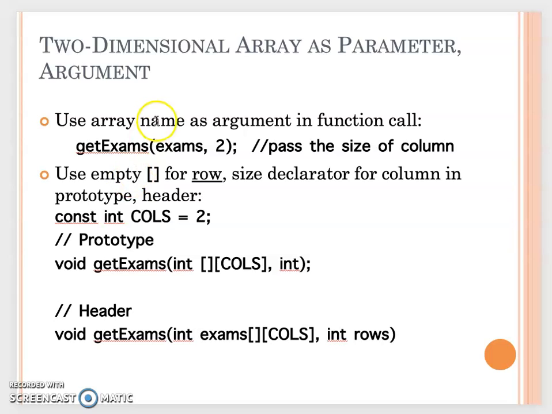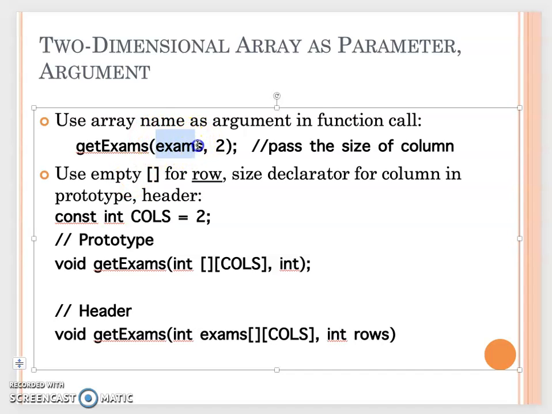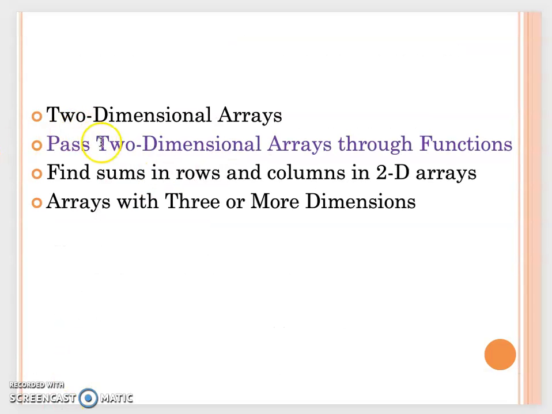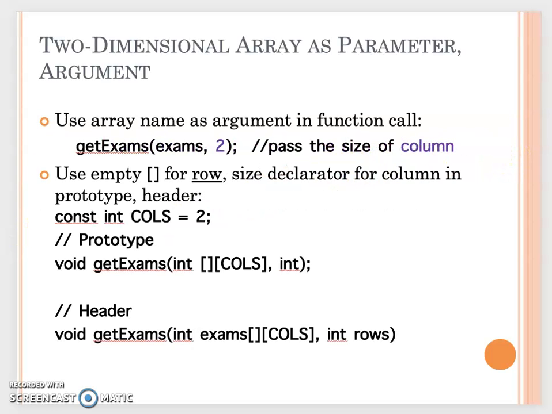When you pass in the two-dimensional array through the function, the same thing, you just need to pass in your array name. So after we understand how to declare a two-dimensional array, we see how to pass it through the function, so we can display each element in the array.